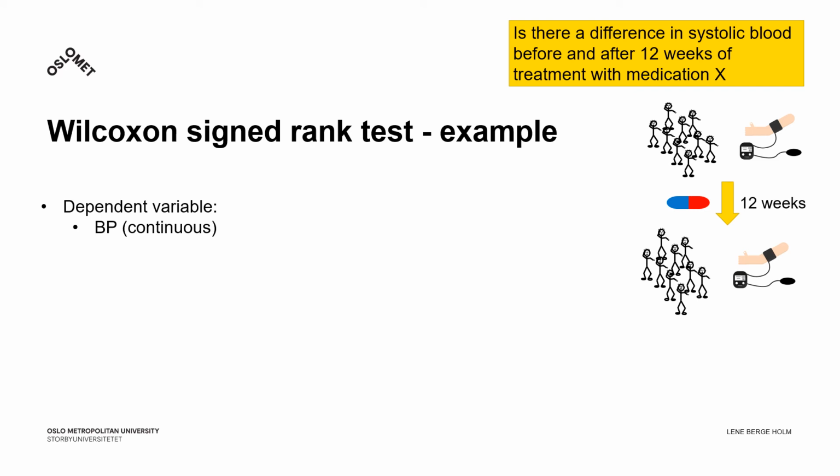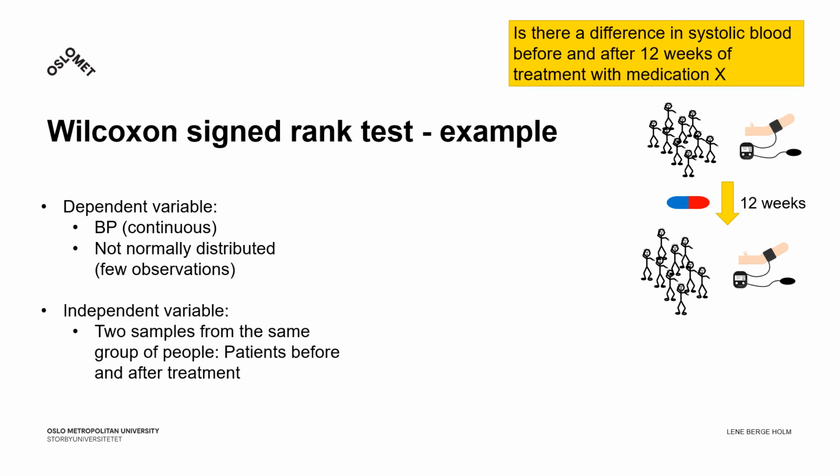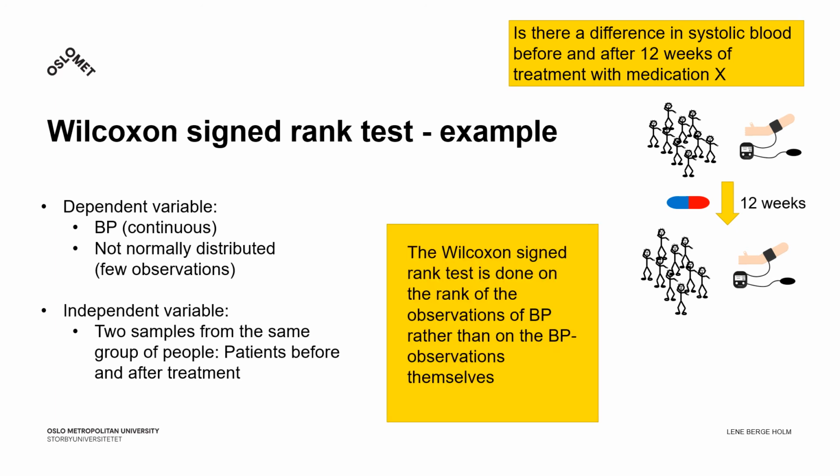The dependent variable is blood pressure, which is continuous, but now this is not normally distributed because I have very few observations in this example. The independent variable, that's the two samples from the same group of people, the patients before and the same patients after the treatment. So the Wilcoxon signed rank test is then done on the rank of the observations of blood pressure rather than on the blood pressure observations themselves.